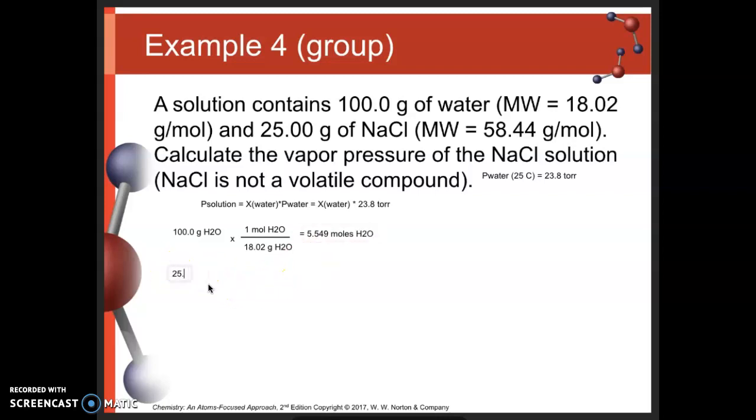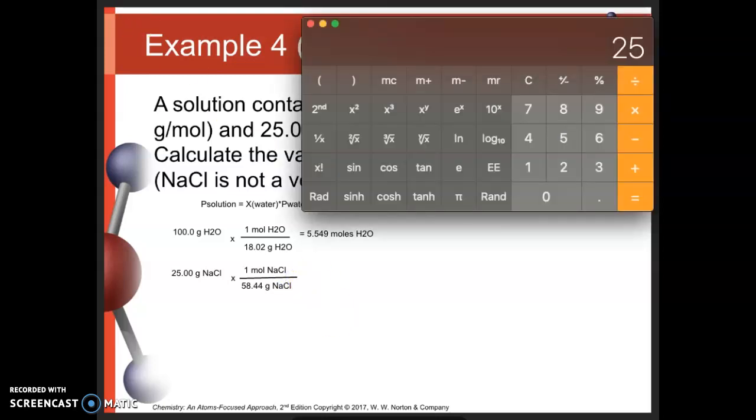Conversely, 25 grams of sodium chloride, same process: 58.44 grams of sodium chloride in every mole of sodium chloride. So 25 divided by 58.44 gives 0.4278 moles.